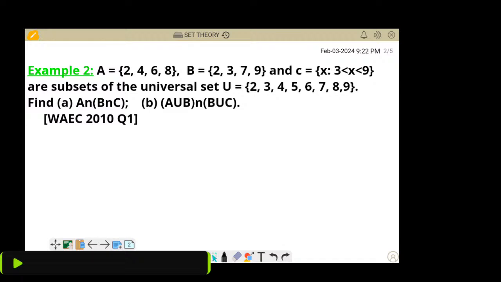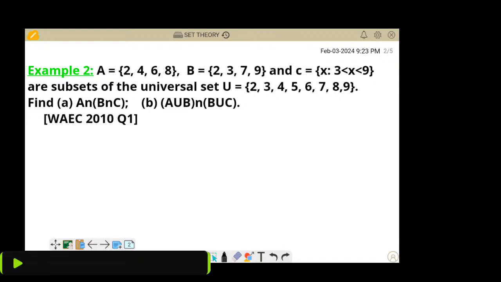According to the question, all these sets A, B, and C are subsets of the universal set, which has elements 2, 3, 4, 5, 6, 7, 8, 9.